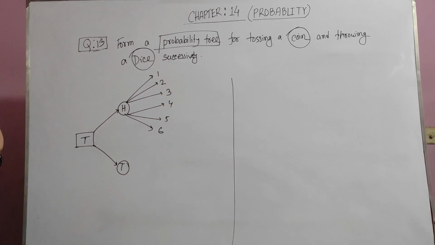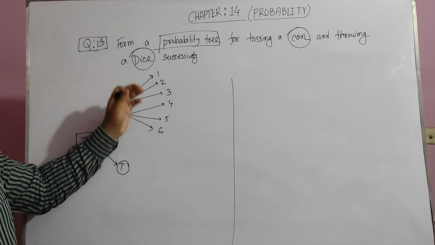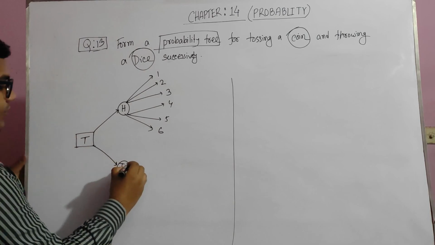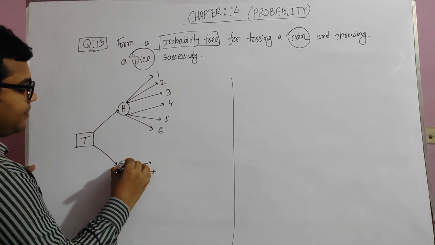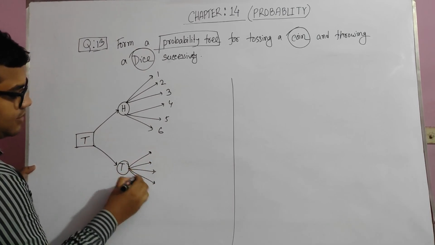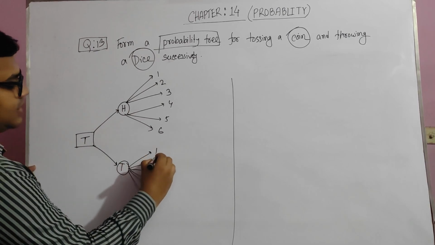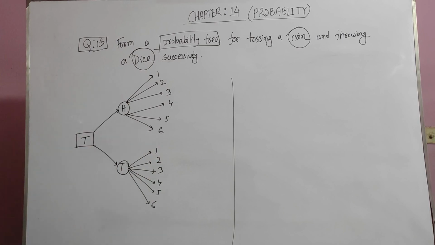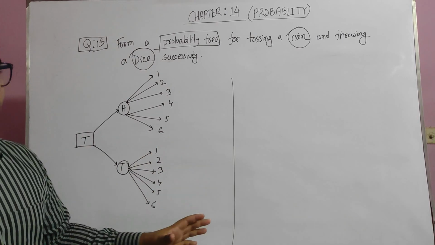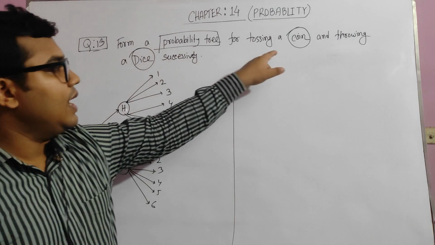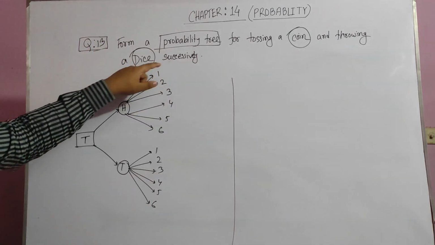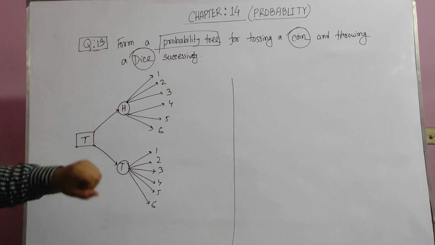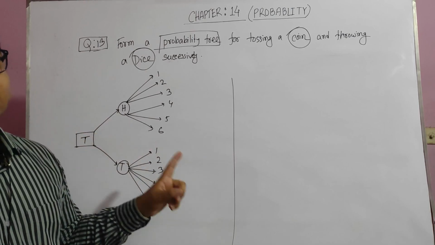We know the dice has 6 sides. Similarly, in the case of tail, there will again be 6 events, 1 2 3 4 5 6. So this is the probability tree we can draw for tossing a coin and throwing a dice successively, and after this we can also give the sample space.